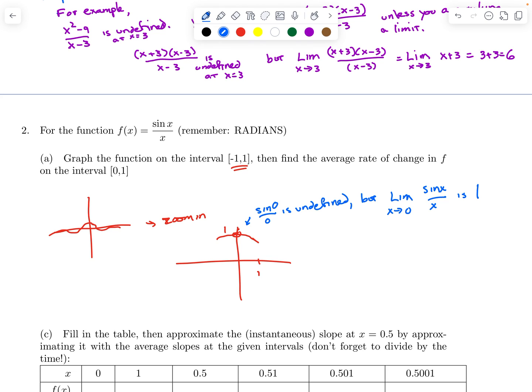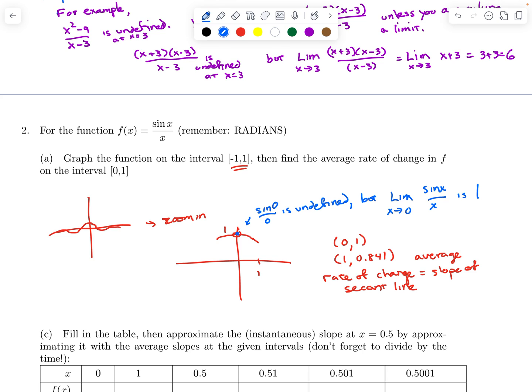Okay, so we will use 0, 1 to start our slope, our average rate of change. What's a secant line?